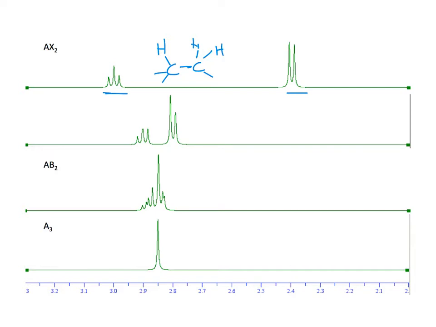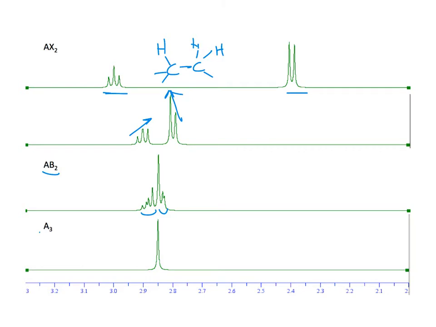As the chemical shifts come closer together, notice this starts to slant off, and this does as well. The inside peak is getting bigger. However, if we get them very close, they don't only slant off, but the patterns fall apart, right? We can't see necessarily a triplet and a doublet anymore, so it can become very complicated.